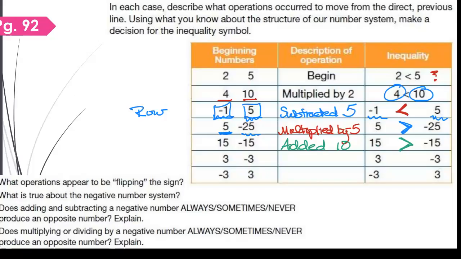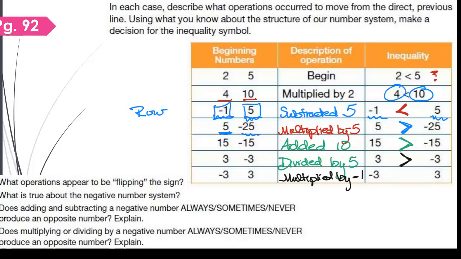How did we get from 15 to 3 and negative 15 to negative 3? We divided by 5. And how does 3 compare to negative 3? Greater than negative 3. Greater than. And how did we get from 3 to negative 3, or from negative 3 to 3? Multiplied by negative 1.